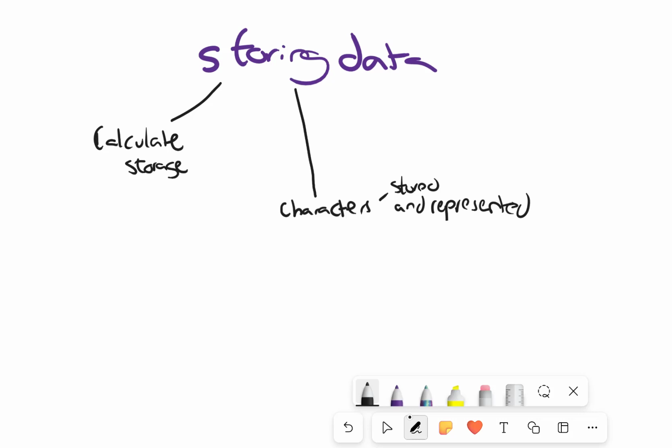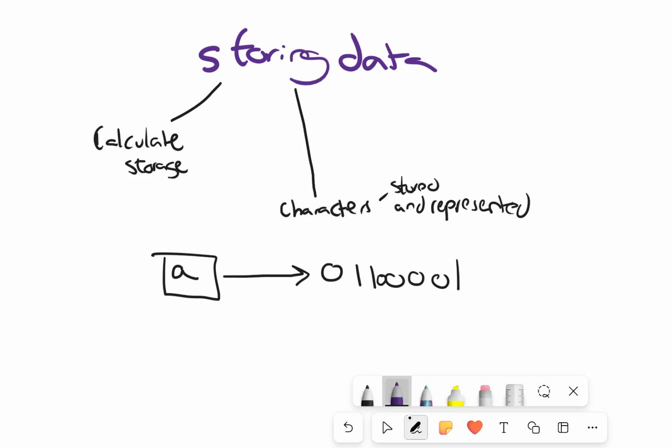I'm typing on, say, Microsoft Word, and I type in the letter A. You see it on your screen as the letter A, but behind the scenes, the computer stores it as a binary number, 01100001. Actually, I'm missing a 0: 0110 0001.